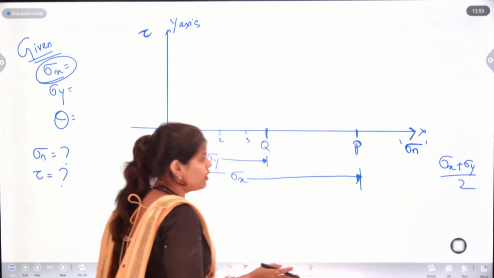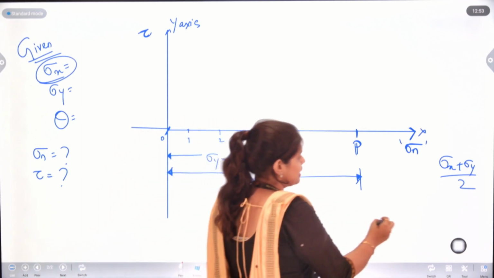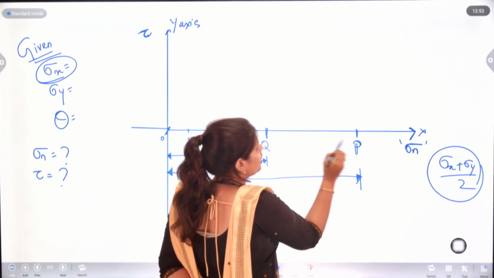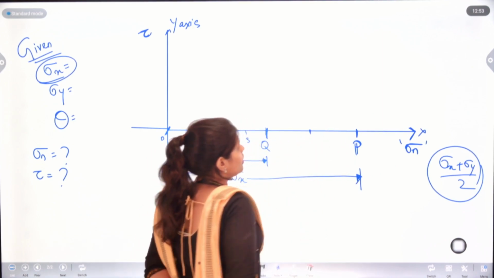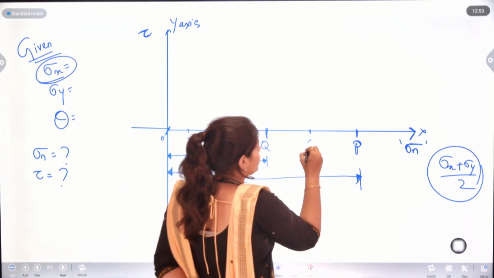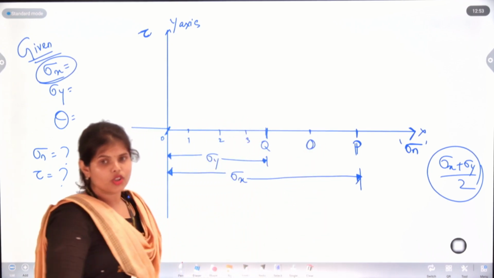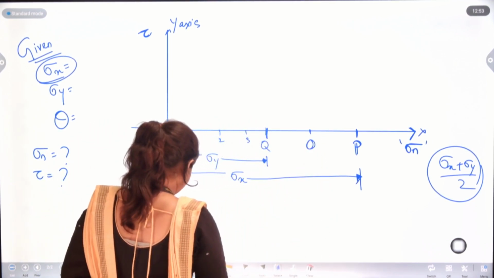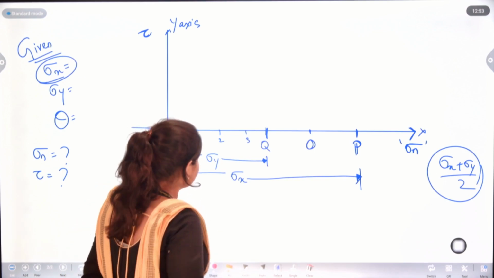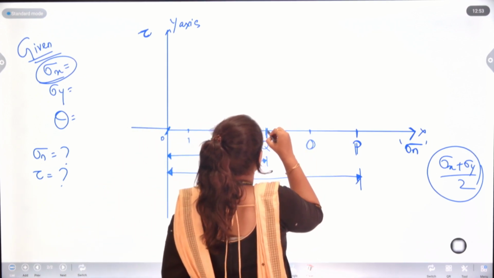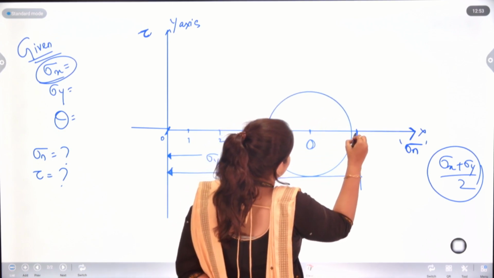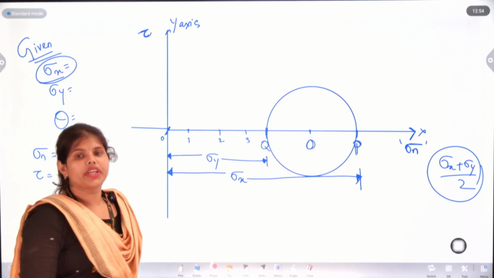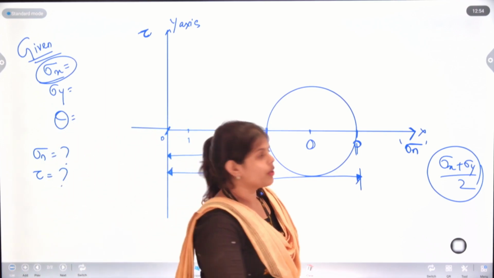Now we have one point at the middle of PQ; let's take that as O. Here we have the Mohr circle.